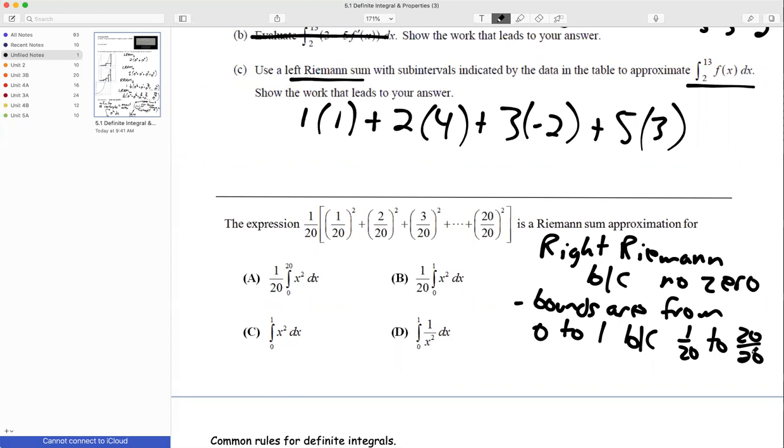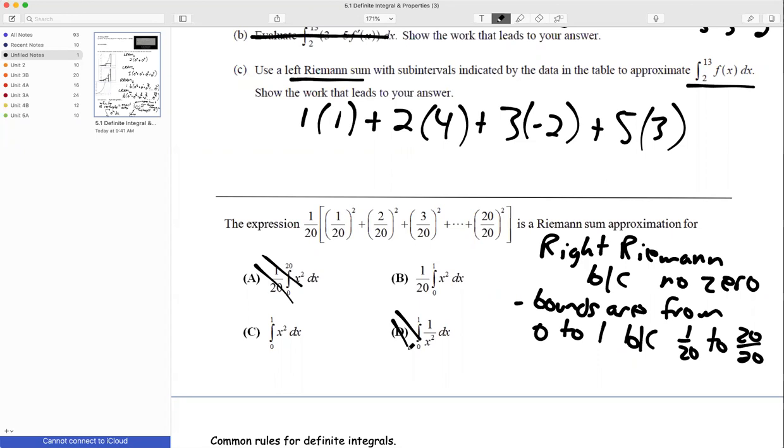Well, if that's the case, I can eliminate one of the answer choices. Which one? A is out. Why? Because my bounds go from 0 to 20, and I know that the bounds have to be from 0 to 1. I can also eliminate D. The reason I'm going to eliminate D is look at the denominator of my function.